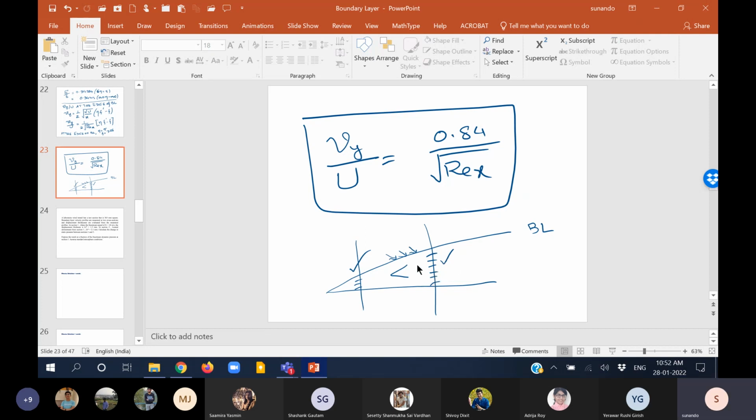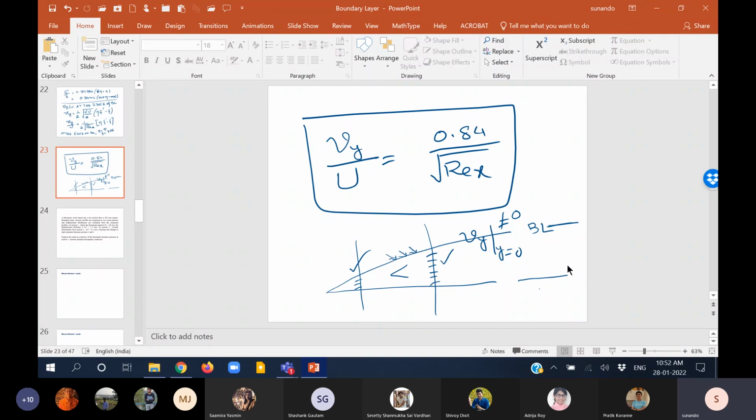So this essentially means that very close to the edge of the boundary layer, my Vy at y equals delta cannot be 0. If I go to a point where x is very, very large, then this becomes the x-axis parallel to the plate, so there is almost no growth.